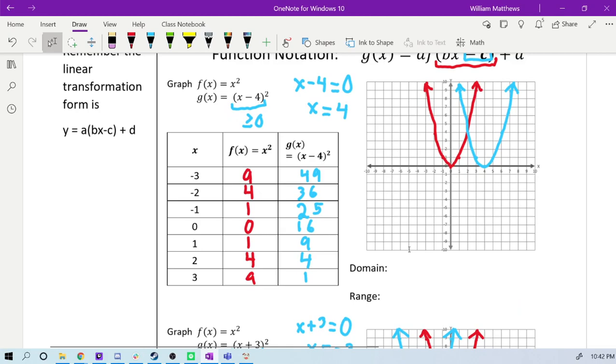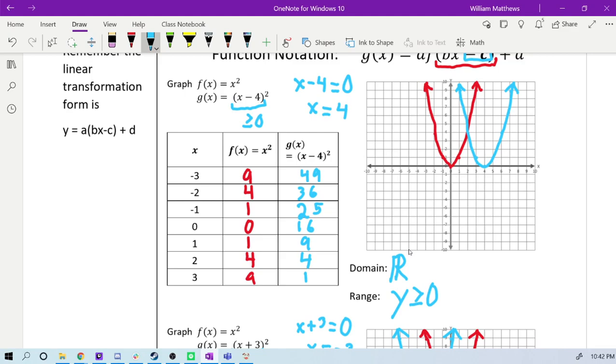For the domain, this is a normal parabola, which will give us all real numbers. There's nothing limiting what x could be, but our range is limited. The lowest value that my y value could be is 0, and it can be any value greater than or equal to that 0, which is what we stated up here when it was squared.